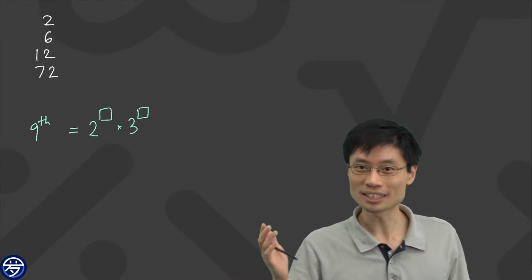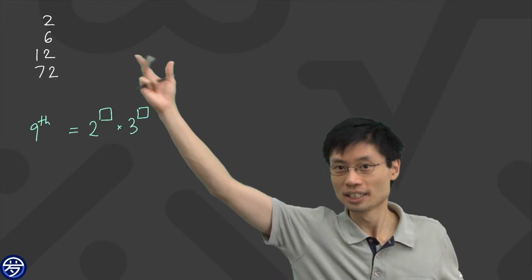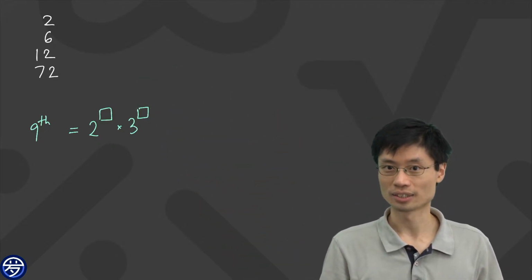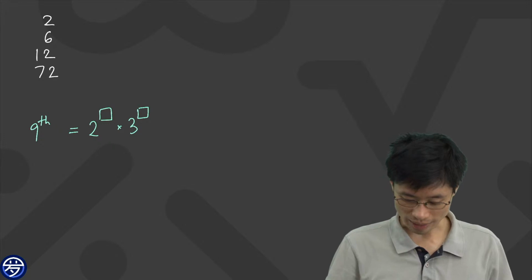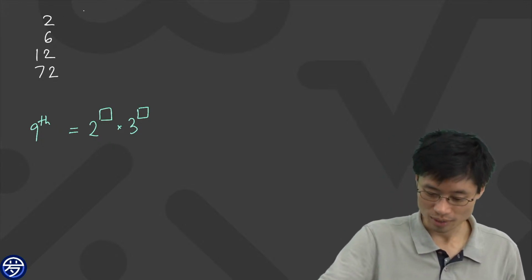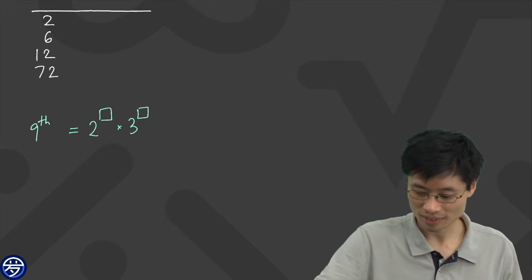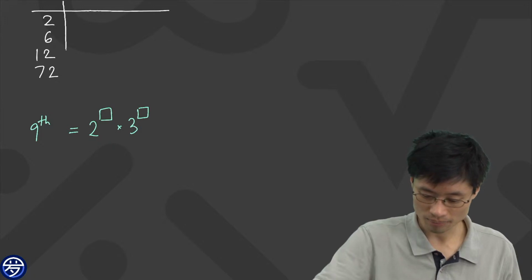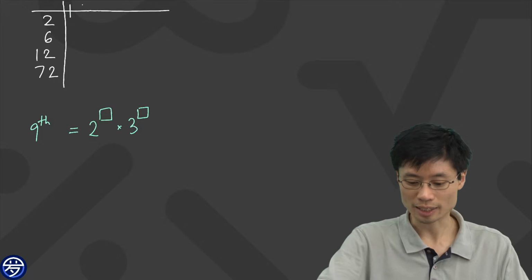Aha! So for these kinds of problems, it's a lot easier to think of it by factoring. So what I'll do is I'm going to make a table. And the table is going to have, let's call it the power of 2 and the power of 3. Maybe let's call it the exponent.